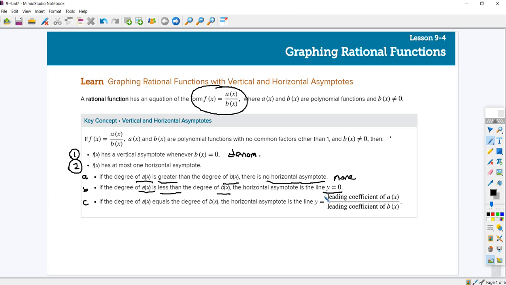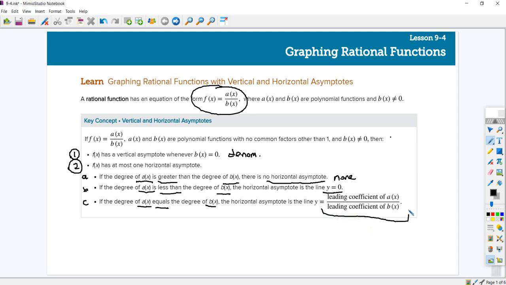Or the third case, if the degrees are the same, remember how we find the degrees, by the way. The highest exponent in the given expression is the degree. If these are the same for top and bottom, then you just compare the coefficients of top and bottom and get the ratio. Whatever that is, that's the answer.